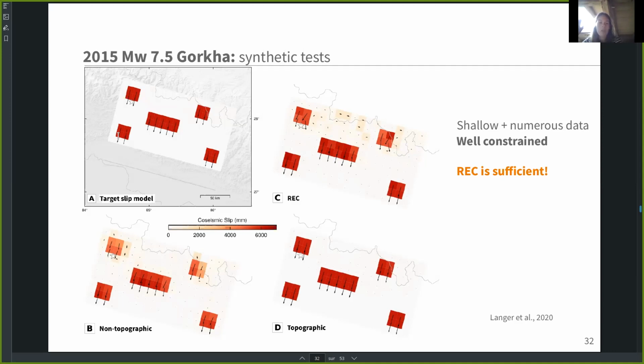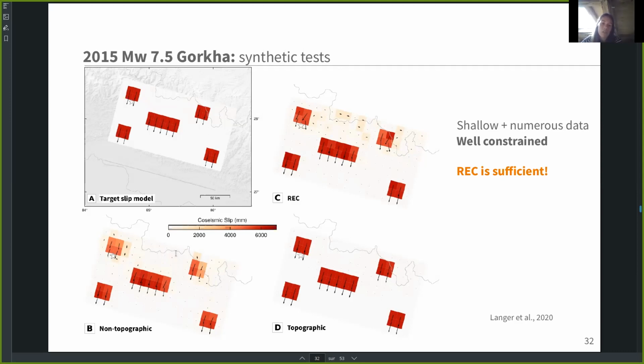And then we try to retrieve this slip model, either neglecting topography, that's what you can see here, using the receiver elevation correction, that's what you can see here, or just accounting for topography. So of course, if we account for topography, that's really good. If we neglect topography, then where the topography is larger, so that's here, the slip model is less well retrieved.